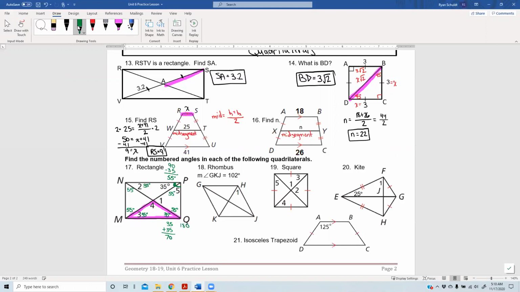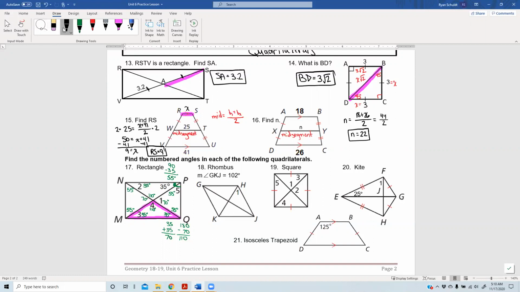Subtract 70 from 180. That gets me 110. So angle 4 is 110 degrees. That one's 110. Now these are on a line together, so they have to still equal 180, which means angle 1 is 70 degrees.